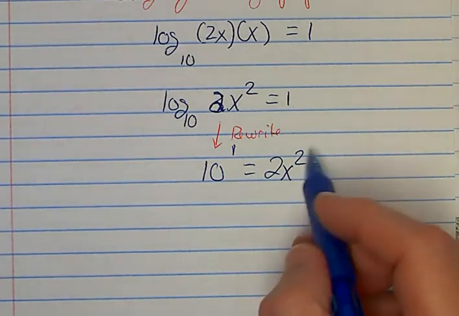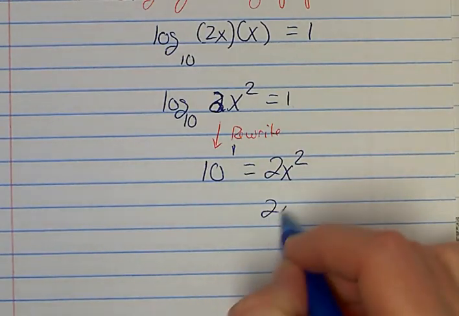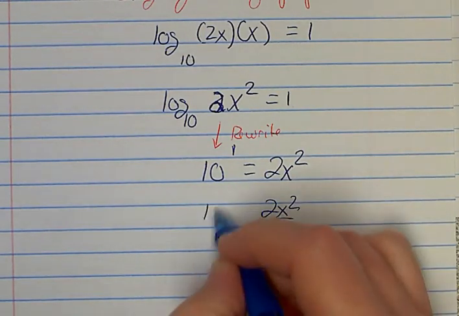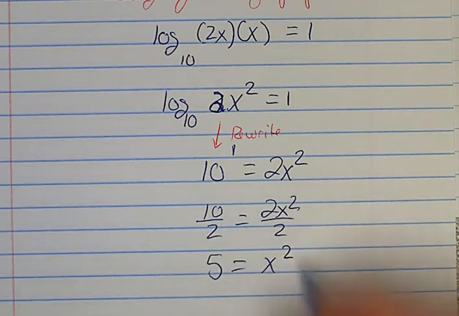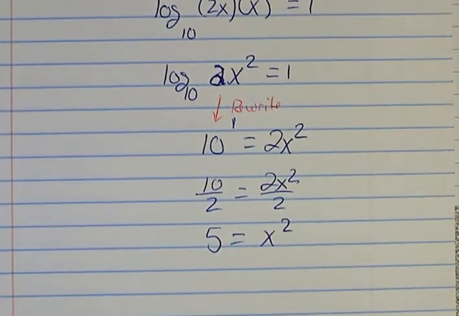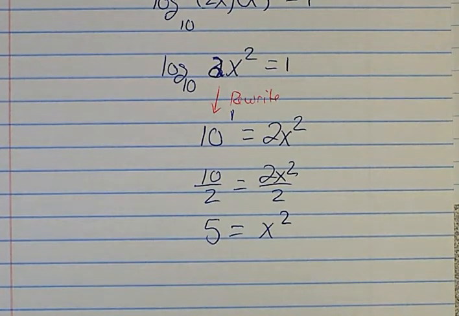All right, and to get the x squared by itself, you're going to have to divide both sides by 2. So that's 5 equals x squared. All right, and flashing back to chapter 2, how do we get x squared down to just x? Square root it. There you go.